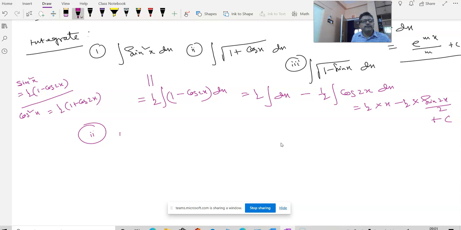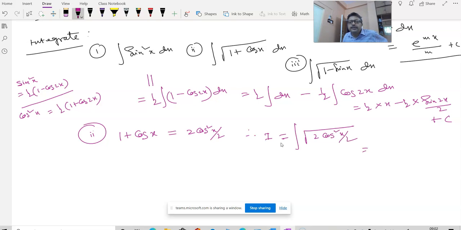Let us go for 1 plus cos x. You think what to do here? Inside root you cannot integrate directly, but is there any scope of changing this to a standard integral? We must try it first. So when you write 1 plus cos x, this you know is 2 cos square x by 2. So I is going to be under root 2 cos square x by 2.